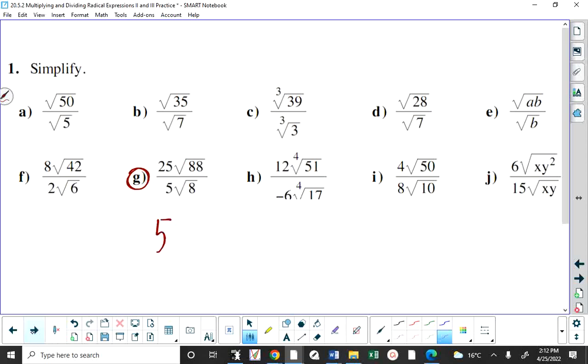Root 88 over 8, well, 88 divides by 8 11 times, so it's 5 root 11. And all of these ones, at least in question 1, all of the radicals divide nicely. Root 42 divided by root 6 is root 7, because 6 goes without remainder into 42.